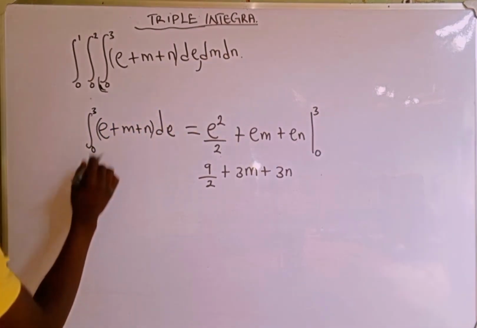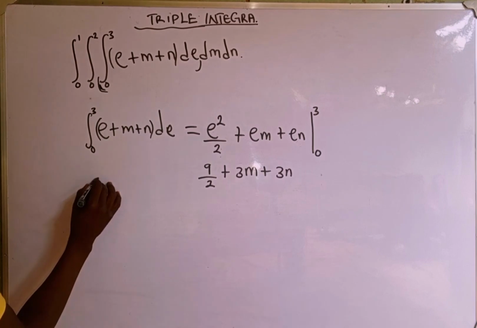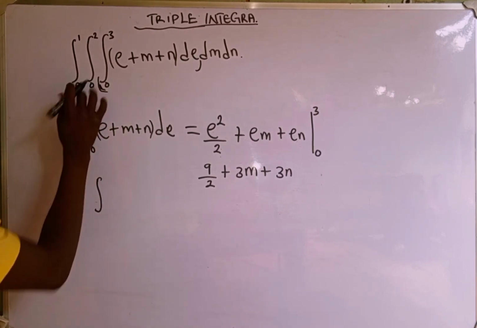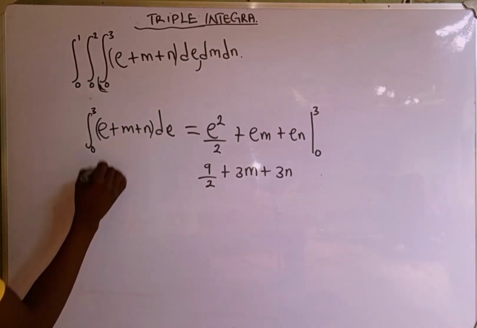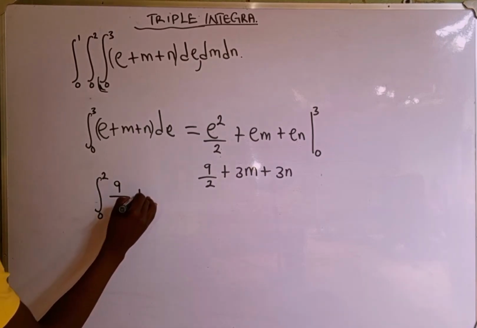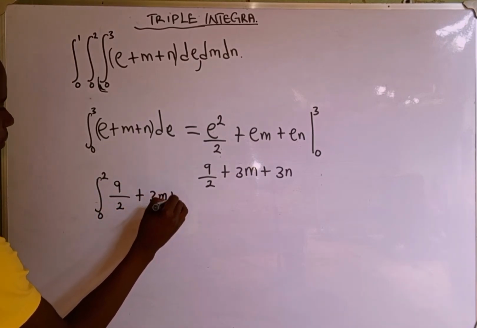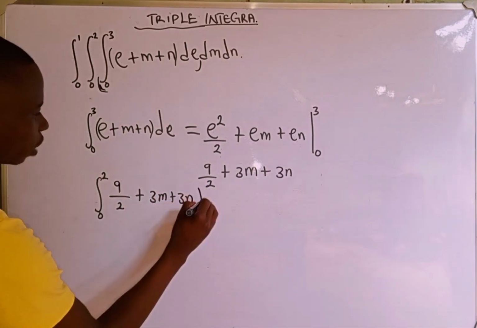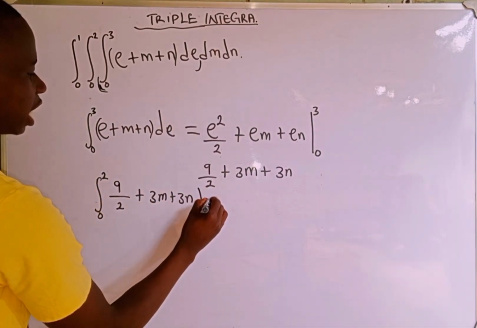So we're going to have the integral of the second one, which is 0 to 2, of this function, 9 over 2 plus 3m plus 3n, with respect to m.